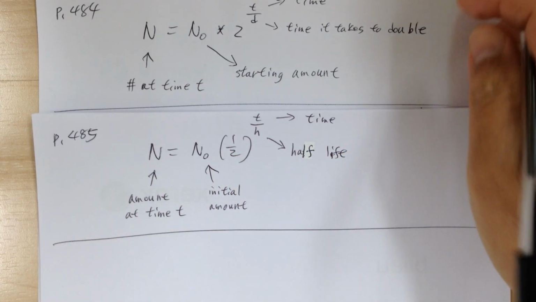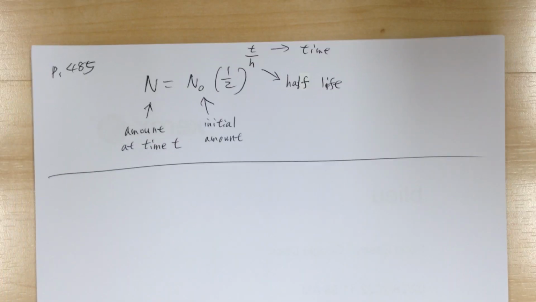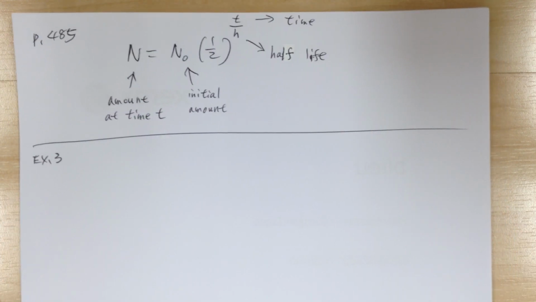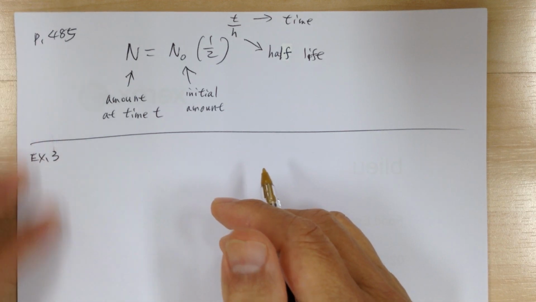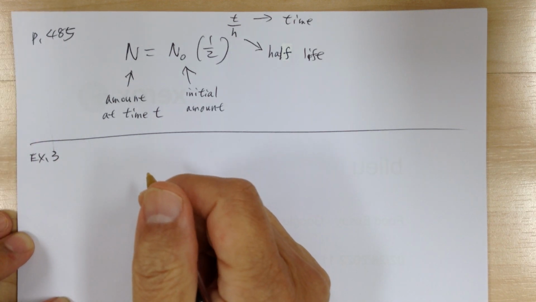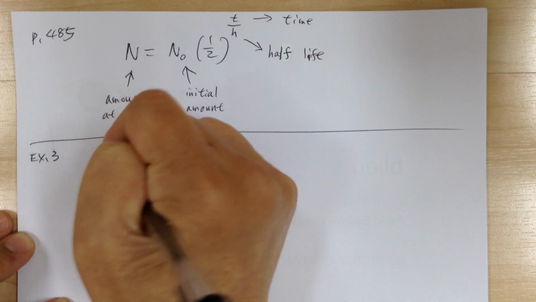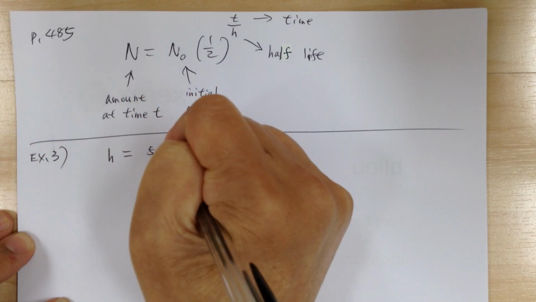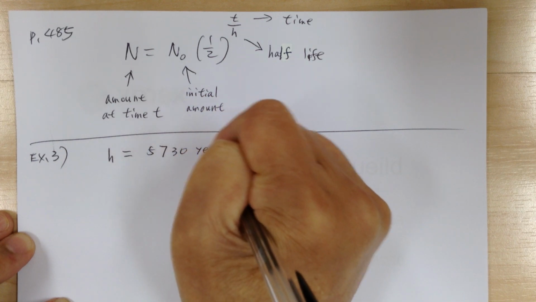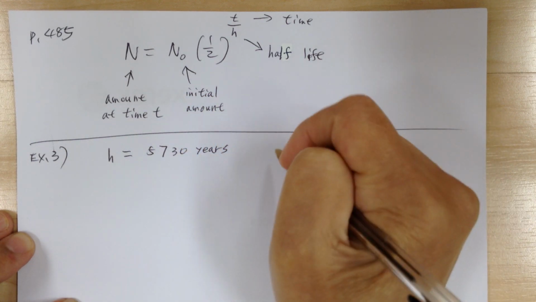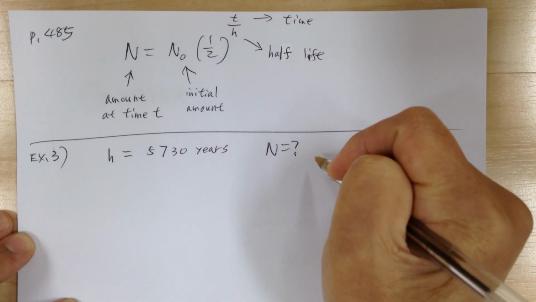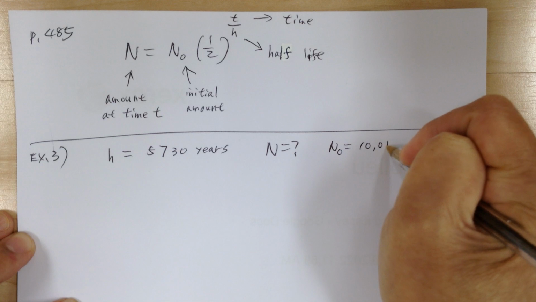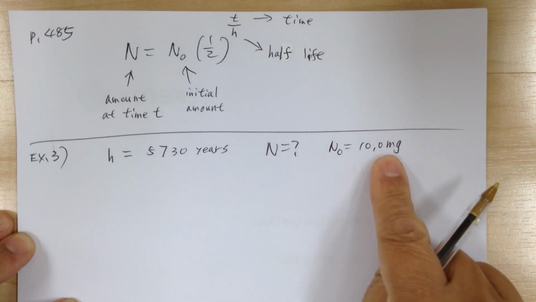Okay, so let's go over an example. Example 3 says the half-life of carbon-14, so that's h, is 5,730 years. How much, so you're looking for n, of a 10 milligram sample, so n0 equals 10.0 milligrams. That's your original amount.